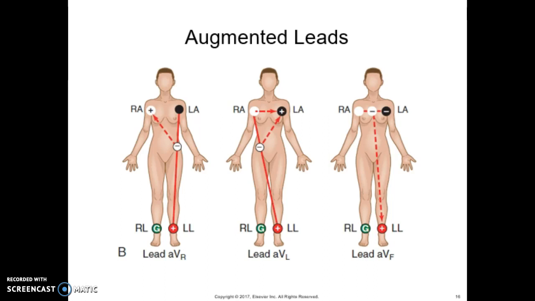These are designated augmented voltage right arm, VR, augmented voltage left arm, VL, and augmented voltage left leg, and that's the VF lead. Why do you think these leads are referred to as augmented? Good. It's because the electrical activity recorded by these leads is relatively small, and the ECG machine amplifies or augments the electrical potential so that we're able to see it.